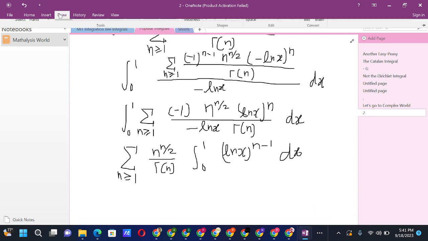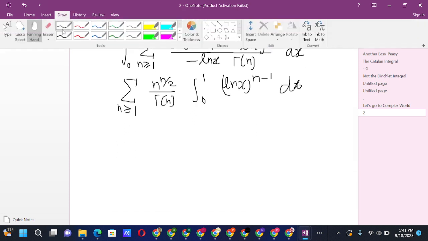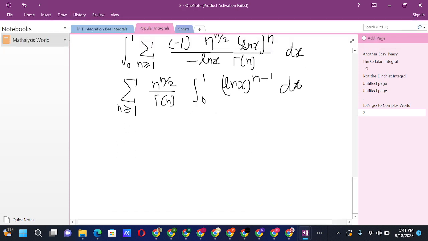Now we will easily evaluate this integral using the beta gamma function, but for that we first need y equals ln x as a substitution, which will give us e to the power y as x. We will just first evaluate this integral, and then we will come back to it later on. Alright, let's do that.